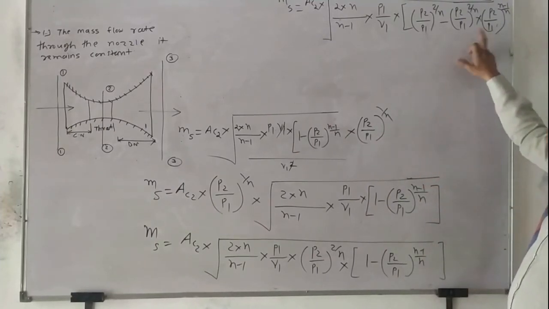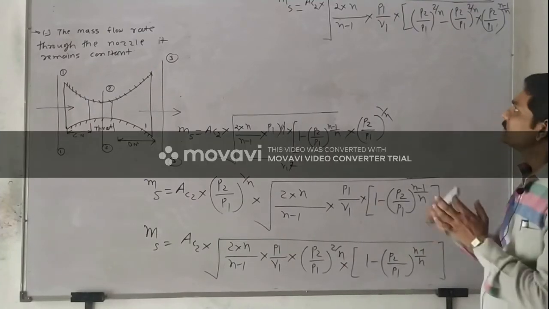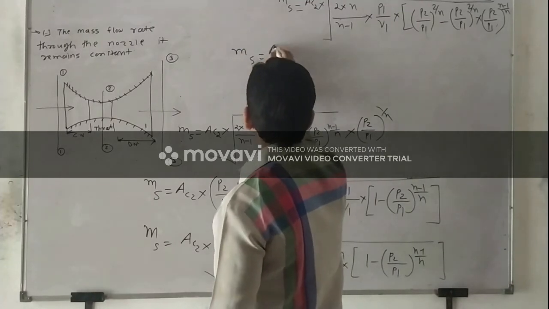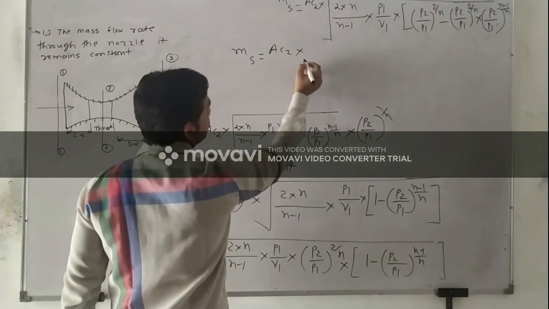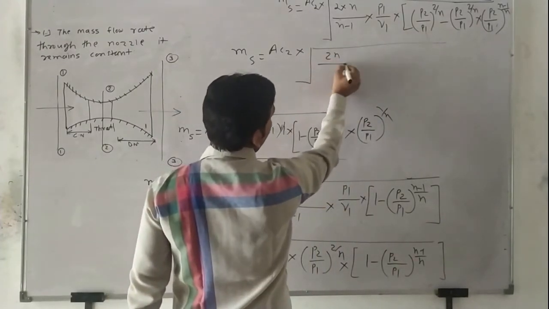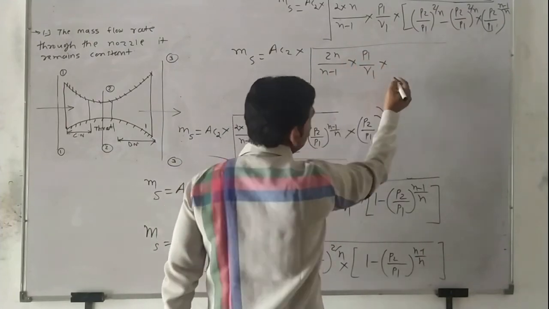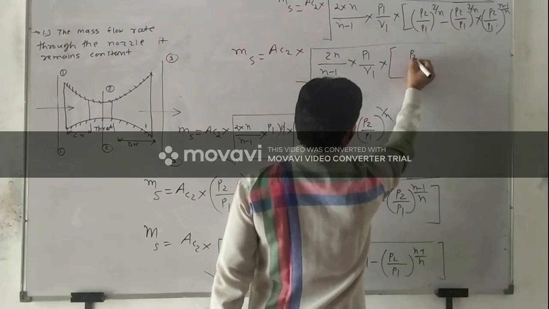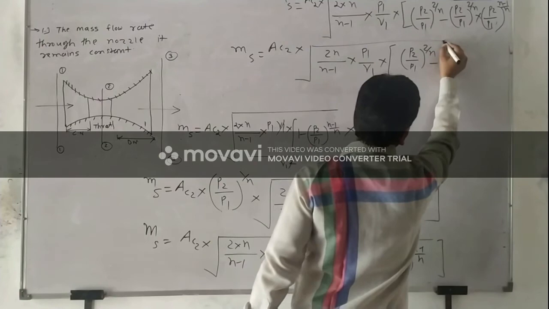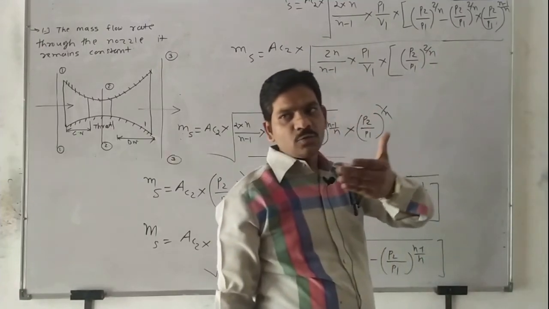So here once again the rule of mathematics: because the bases are the same, the powers are added. So what do we obtain once again? ms, with cross sectional area Ac2, into the square root of twice n upon n minus 1 into P1 V1 into P2 upon P1 to the power 2 by n minus, see here students, bases are same, power is added, this is the rule of mathematics.